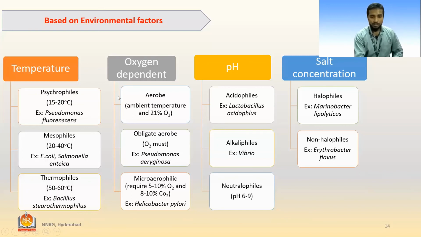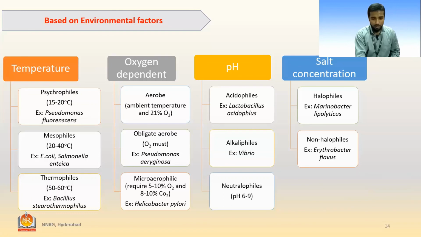And based on oxygen dependence, aerobes means it needs oxygen; at ambient temperature, it needs 21% of oxygen. Whereas obligate aerobes are those which cannot survive in the absence of oxygen, and oxygen is required in huge concentration.